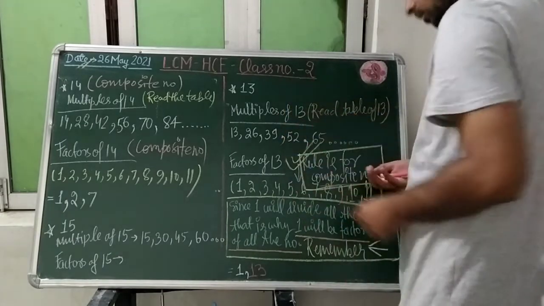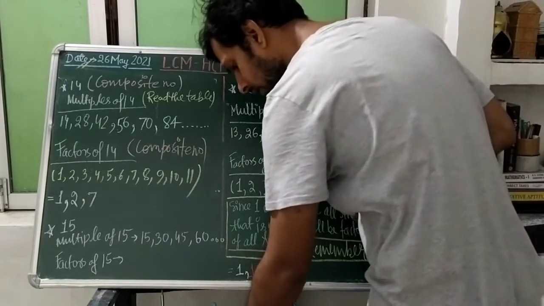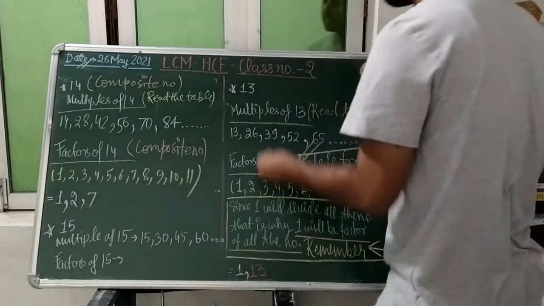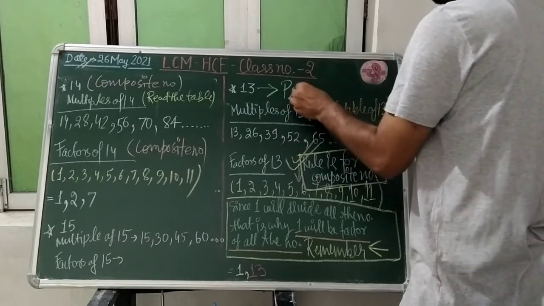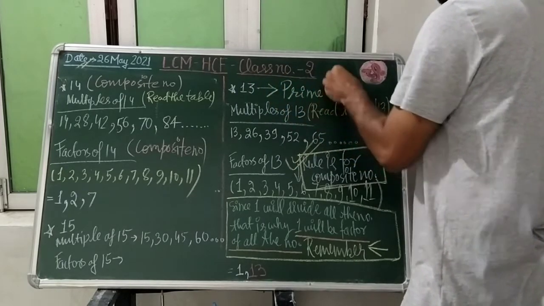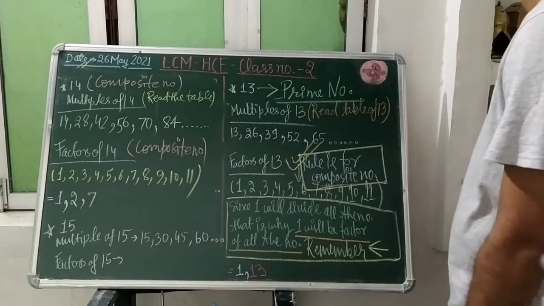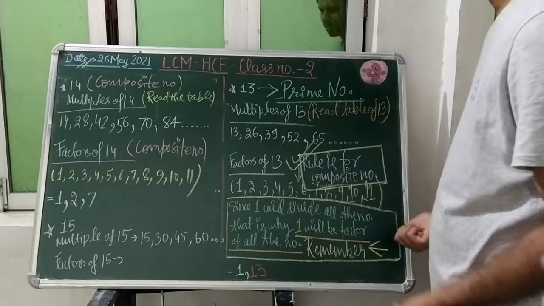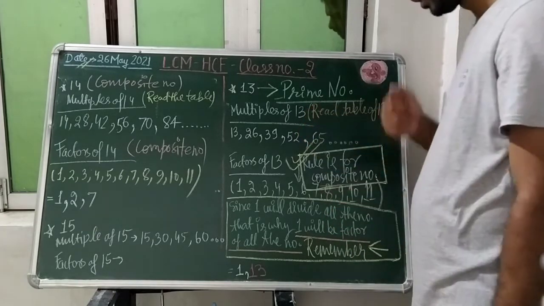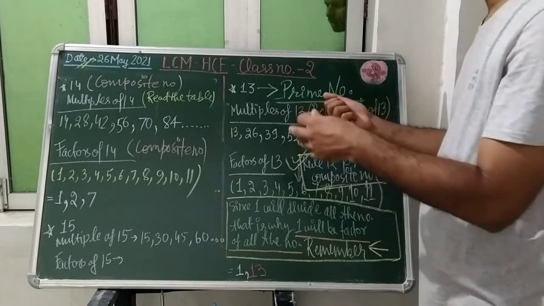But 13, look, 13 is a prime number. So when shall we talk about 13? For multiples of 13, what will we do, students?